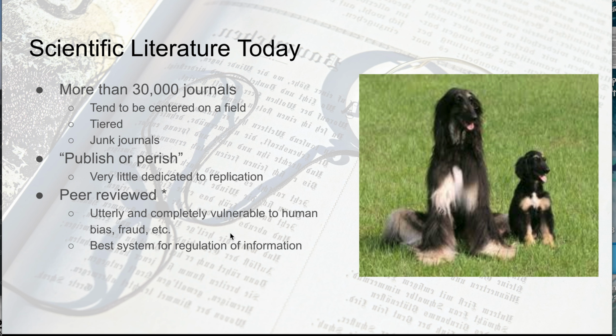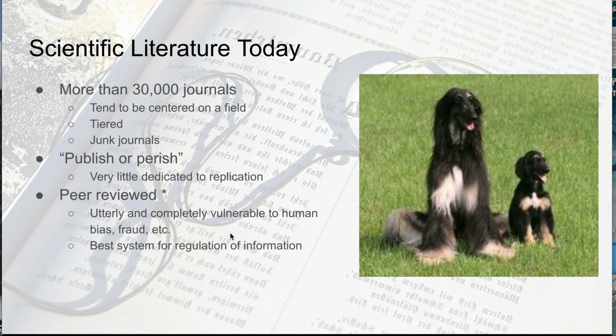So there are junk journals out there where literally people will pay money to publish. It's hard to avoid them, especially if you don't know about them. So it is possible you'll find articles that I have to tell you can't use because it's a junk journal, but it's something to keep in mind.